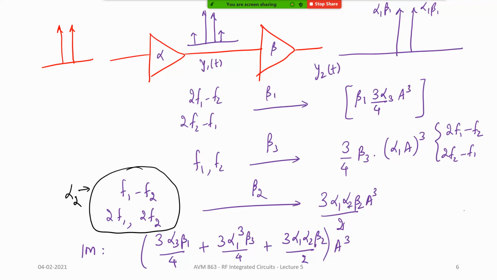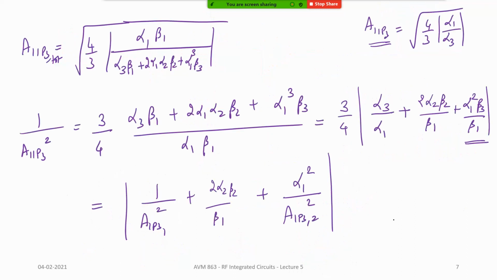So you have alpha 2, which is a smaller term, and beta 2, which is a smaller term. So this particular term is actually small compared to all the other terms, because there is alpha 2 and beta 2, both of which are smaller quantities, smaller decimal numbers, less than 1. Therefore this particular term can be neglected, especially in the linear region.